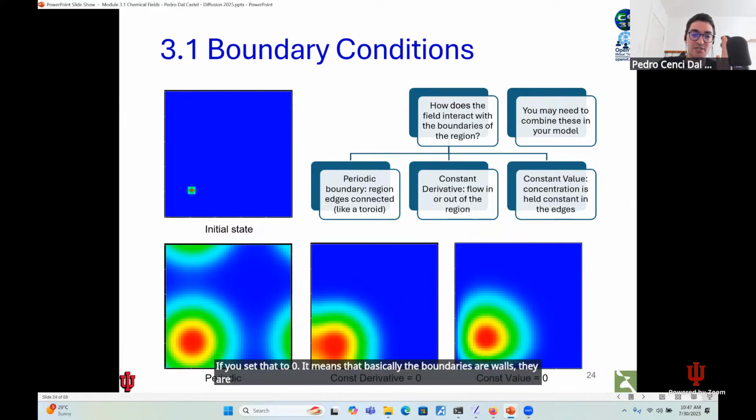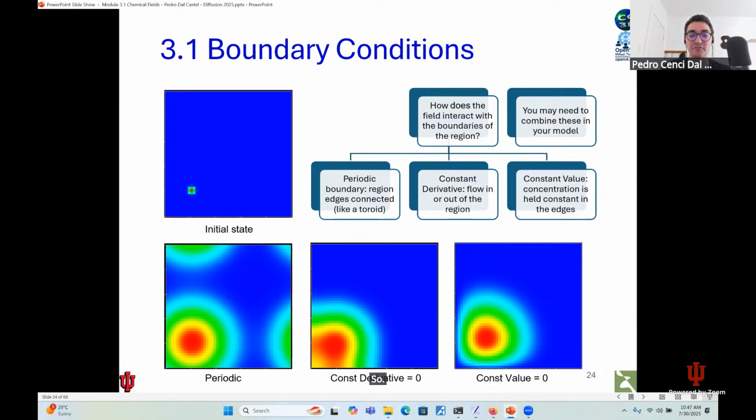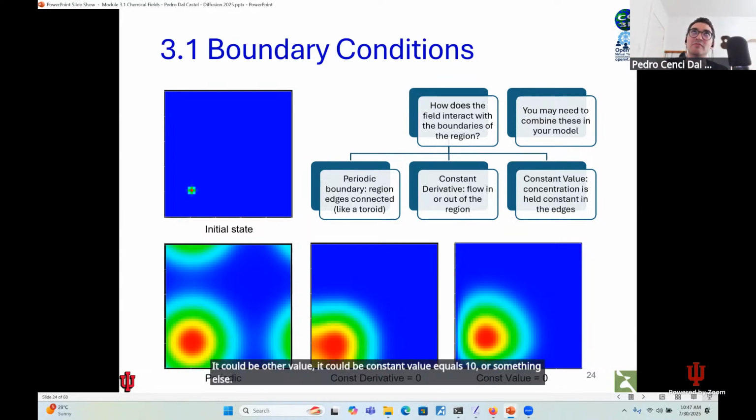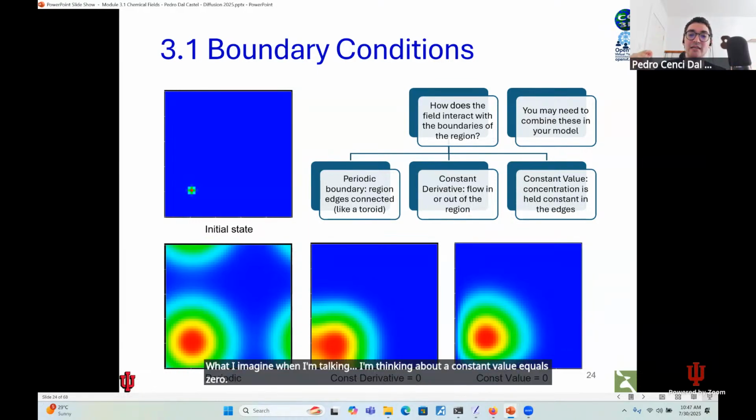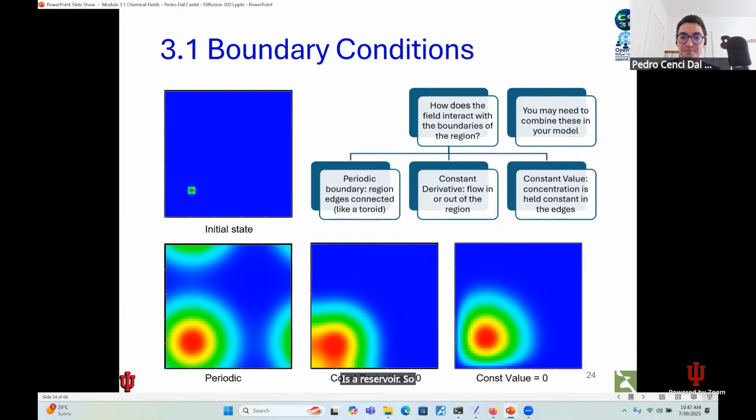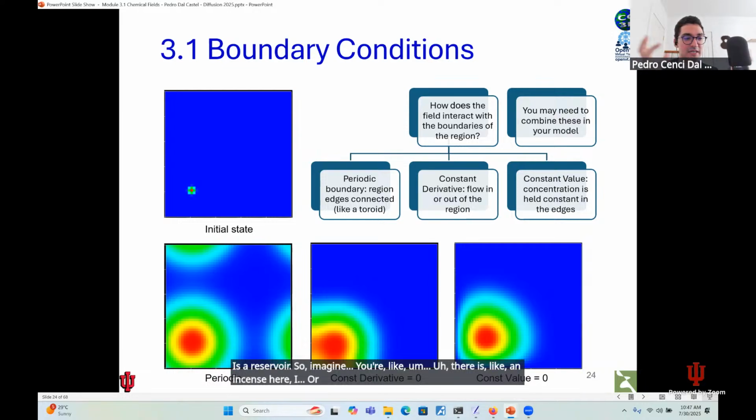They are not allowing exchange of the field with the outer medium. And constant value 0 holds the field at value 0 on the borders. It could be another value, it could be constant value equals 10 or something else. What I imagine when I'm thinking about a constant value equals 0 is a reservoir. So imagine there is an incense here, or a candle, something that emits something that diffuses in my room.